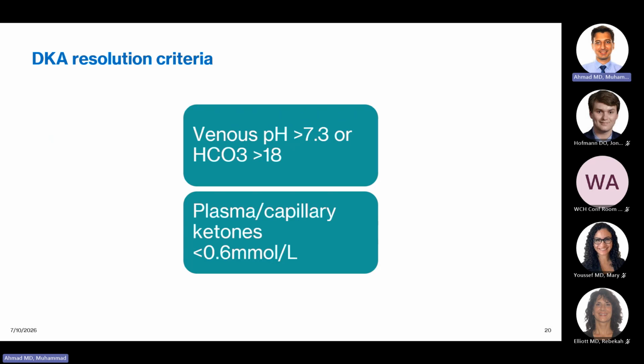12 hours. Okay. Yes. So basically, we are calculating the total insulin requirement, because that's the regimen that we are going to start the patient on in the hospital, right?